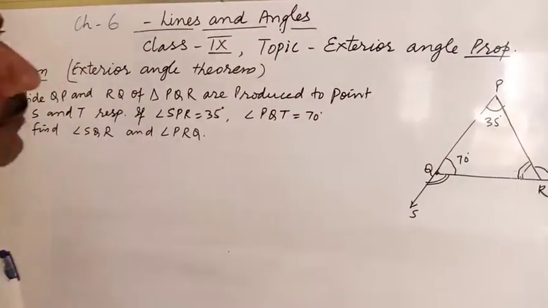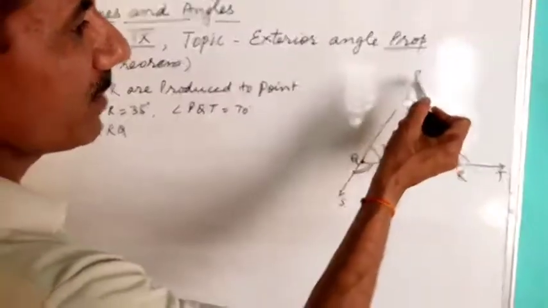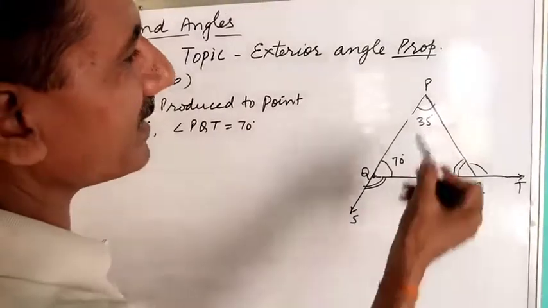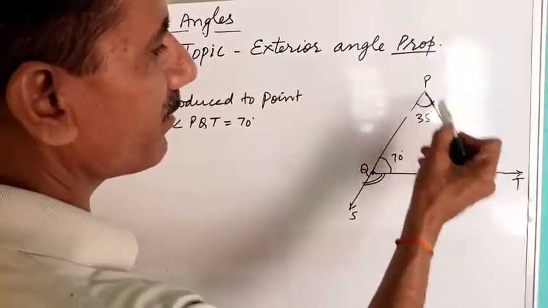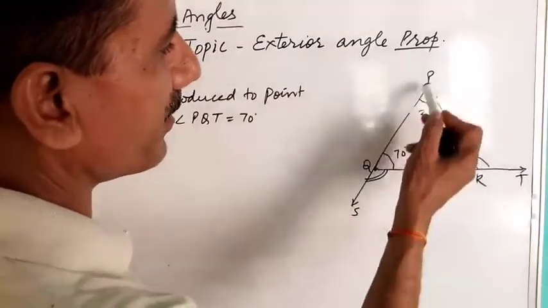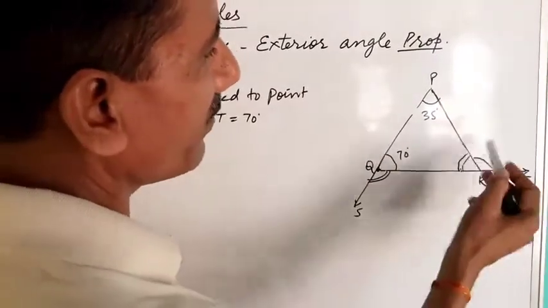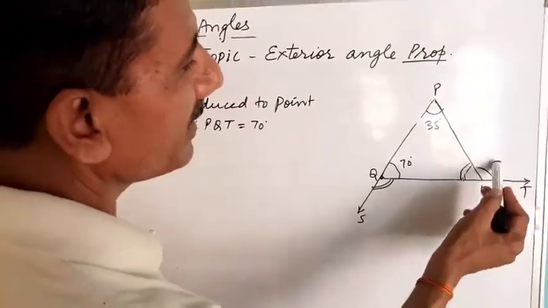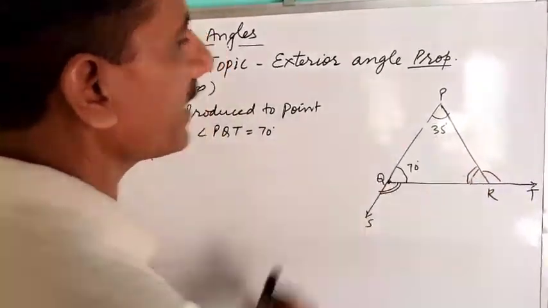First, to find angle PRQ, we have to find angle PRT, and PRT is the exterior angle of triangle PQR. In the first theorem we showed that the exterior angle is equal to the sum of the interior opposite angles.